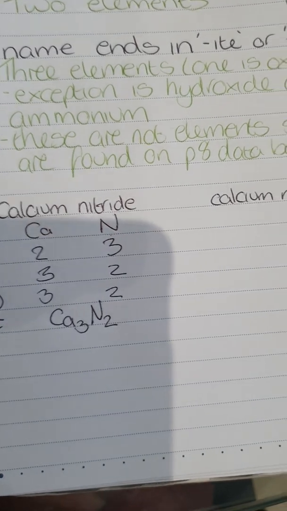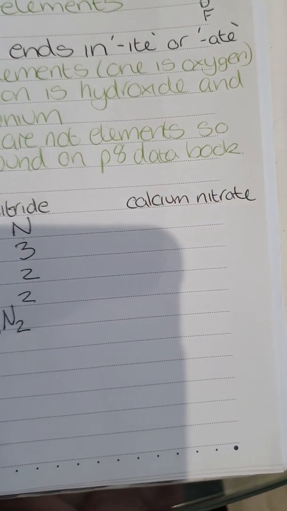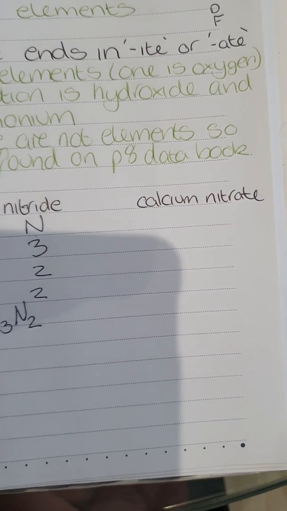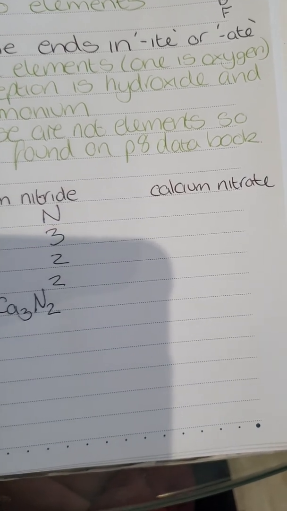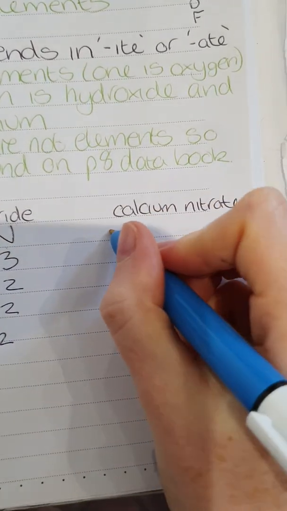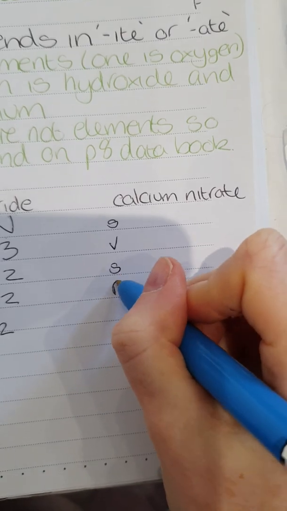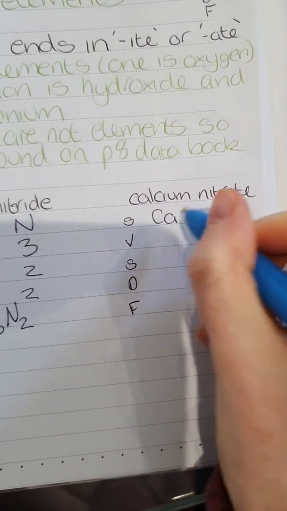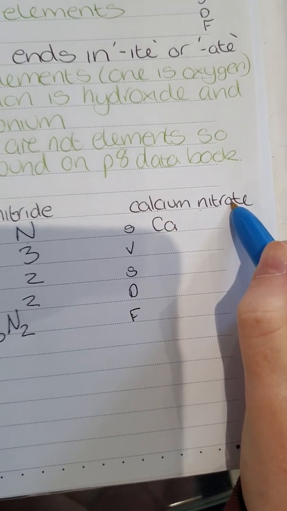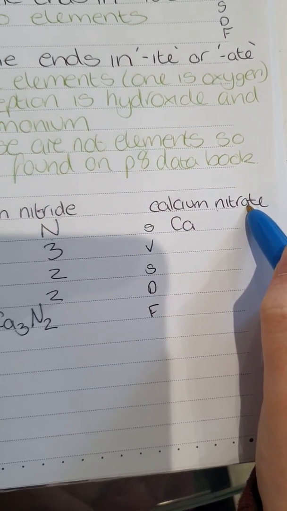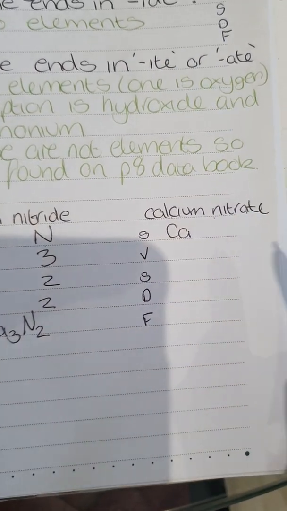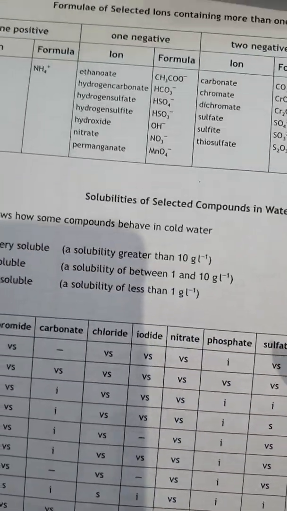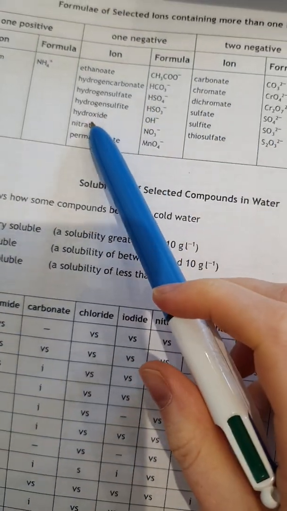So that's fine. But now we have calcium nitrate. So a couple of letters different, but it's a different answer. So it's still valency because there's no prefixes. Calcium symbol Ca. Nitrate, we know means there's oxygen too because of the rule up there. So we go to page 8, find nitrate, and it's there.